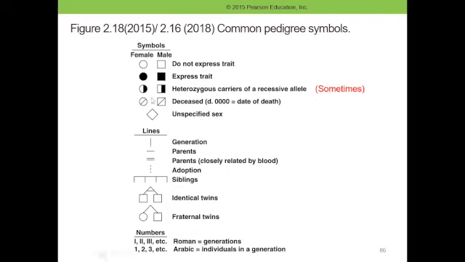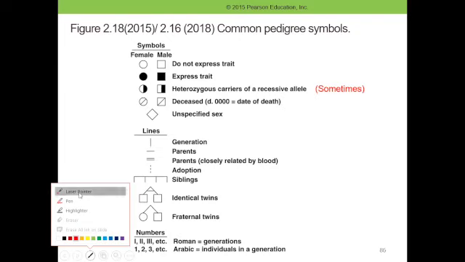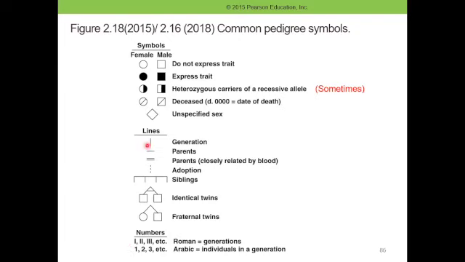And then deceased individuals can be crossed off like this. Also these vertical lines usually indicate generations, and the horizontal lines indicate mating.